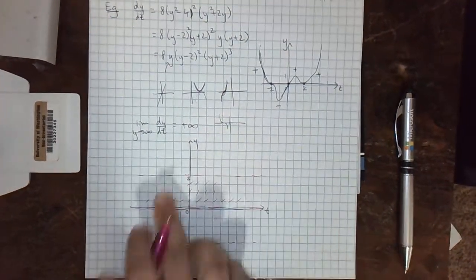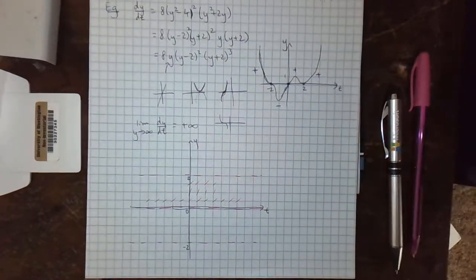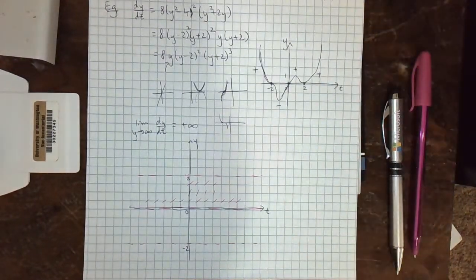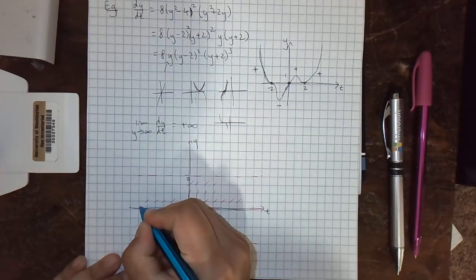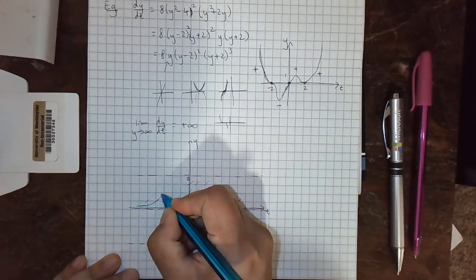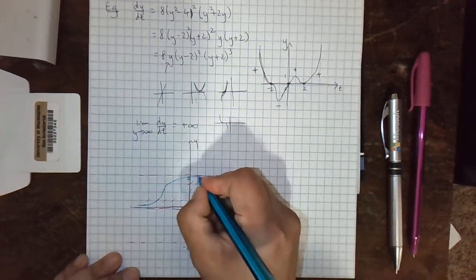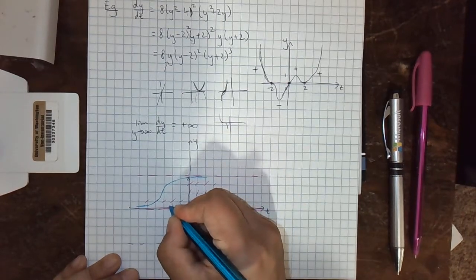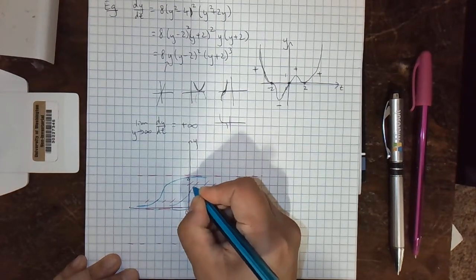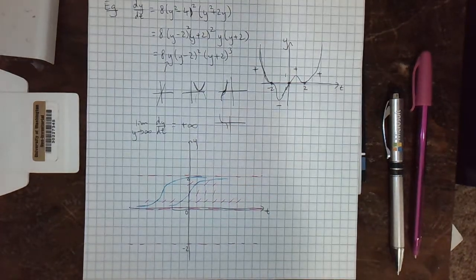Something like that. And they'll all be the same across these lines. And so if I try to draw a solution curve in here, I'd be close to horizontal, getting steeper here, and then getting less steep again. So my solution curves in this area would look like this. And they'd all be parallel.